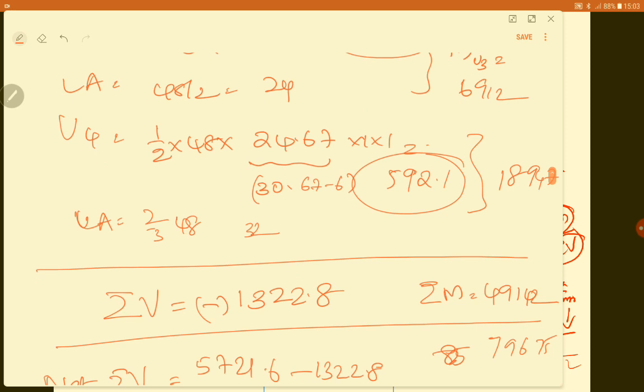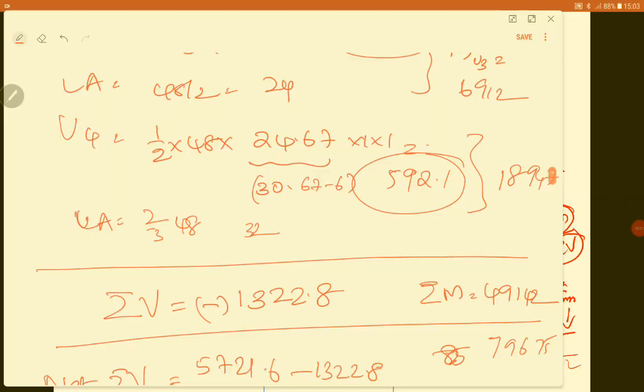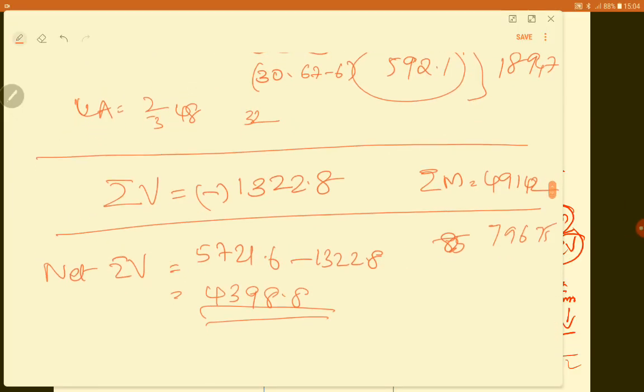So the value of sigma M is equal to. So that's about the vertical forces, the total vertical forces you have calculated.